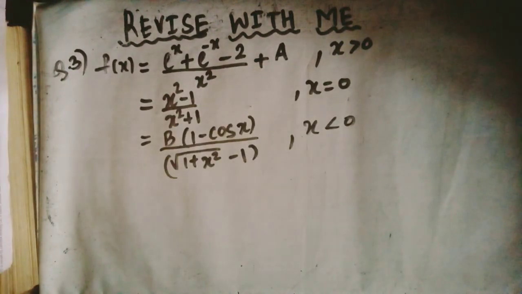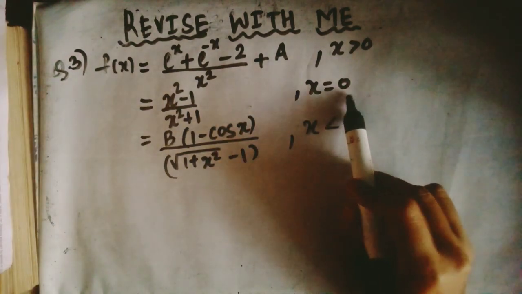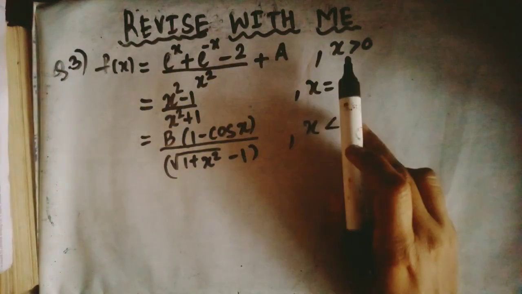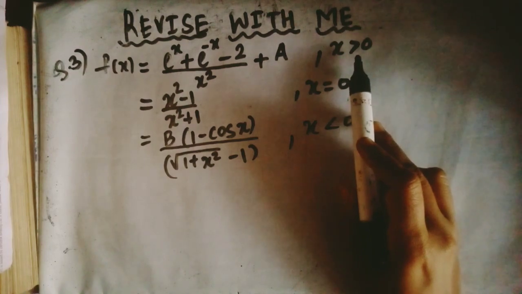Okay, let's solve this. So this is the function which is given, okay, and it is given continuous at x equal to 0. You have to find a and b. Okay, let's solve. Now this is your x greater than 0, so this becomes right hand limit.